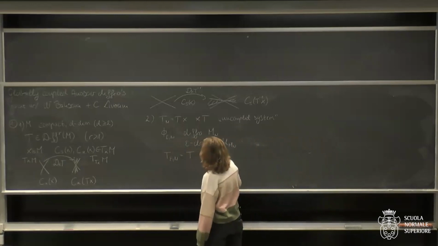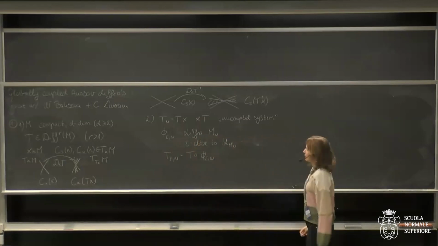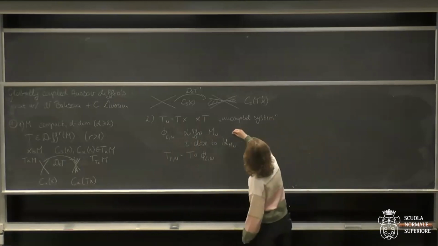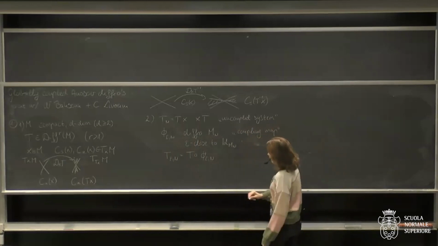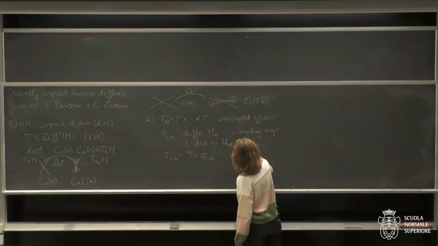In which order, it doesn't really matter, but I usually take this order. So I first do the coupling and then apply the uncoupled map. So this is the coupling map, and this is the coupled map.